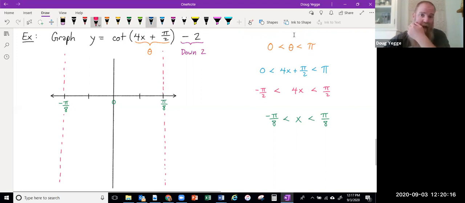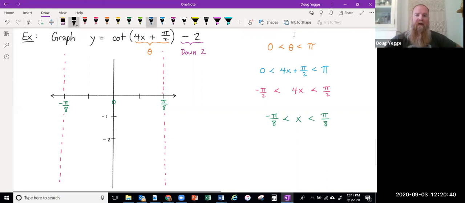Now typically our x-intercept would be at 0, at halfway in between. But this is where we've got to be real careful here because notice we shifted down 2. So now that we're down 2, here's -1 and here's -2 here.